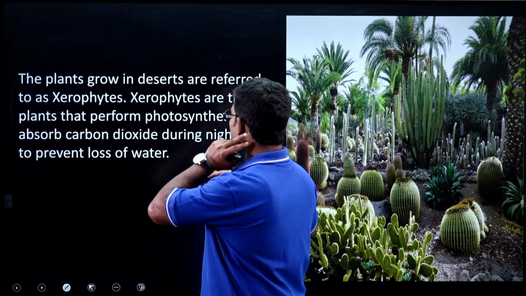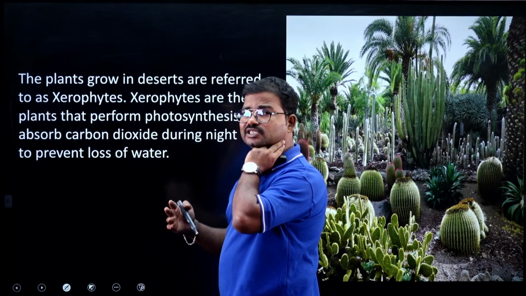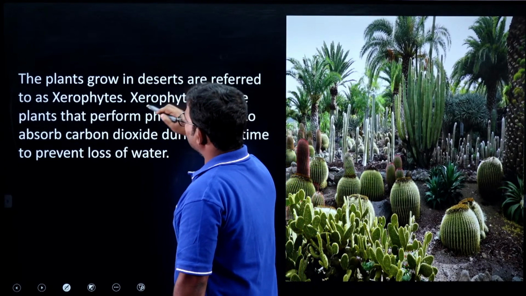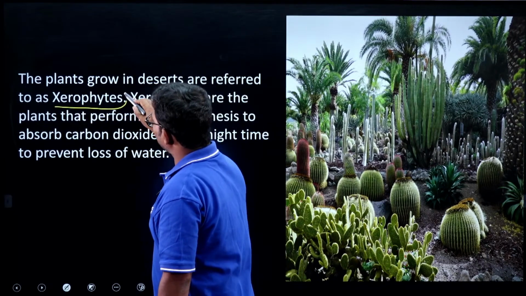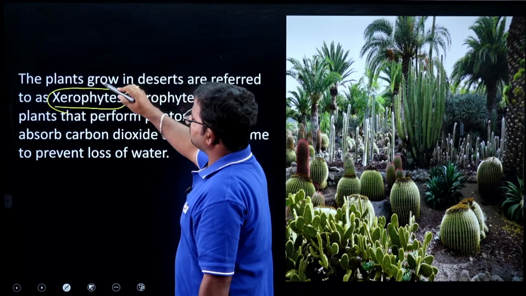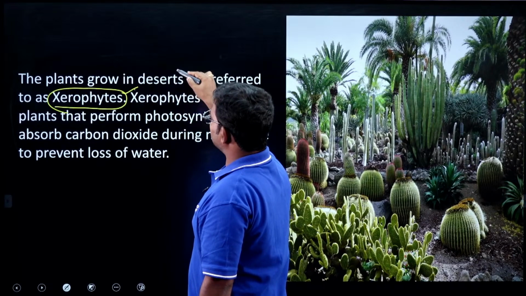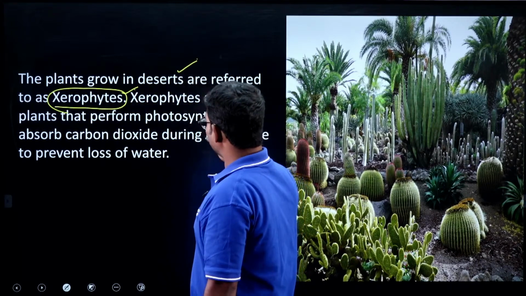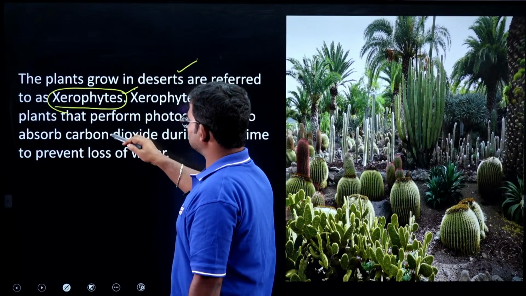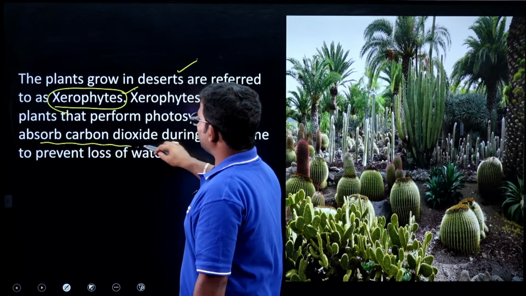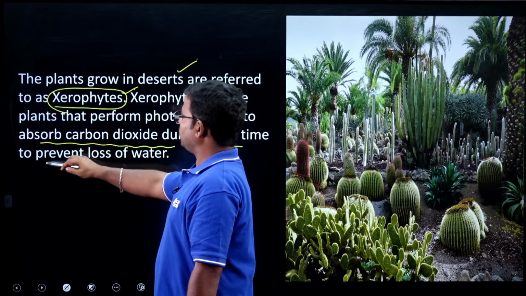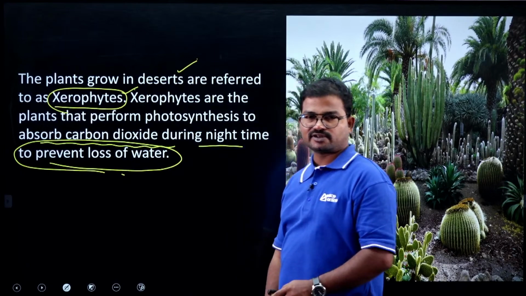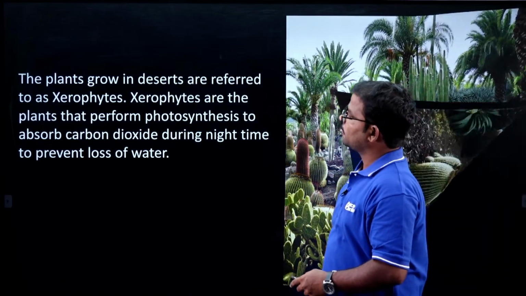So that's why the plants absorb carbon dioxide only during the night. Those types of plants are considered xerophytes. The plants grown in the region of deserts are called xerophytes. The speciality of these xerophytes is that they absorb carbon dioxide during the night time to prevent the loss of water. So this is one of the major examples of that.